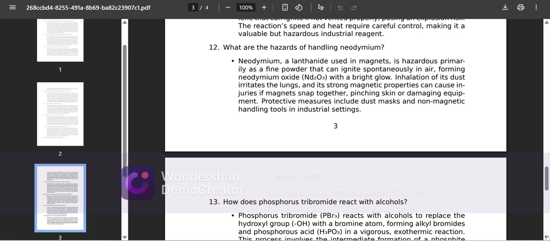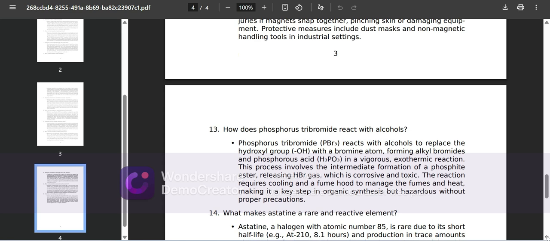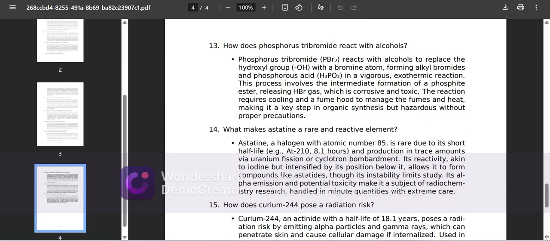Inhalation of its dust irritates the lungs, and its strong magnetic properties can cause injuries if magnets snap together, pinching skin or damaging equipment. Protective measures include dust masks and non-magnetic handling tools in industrial settings.